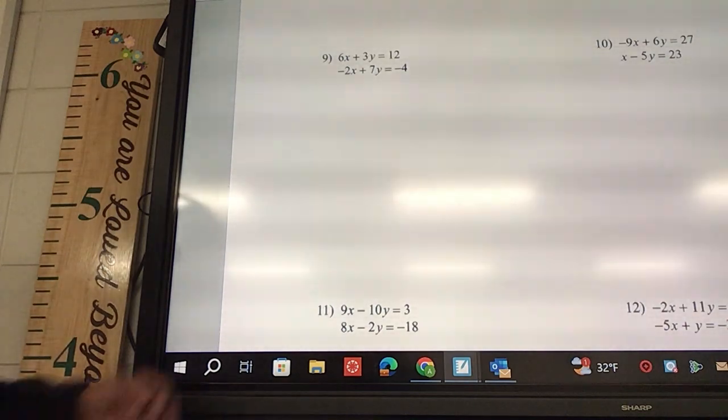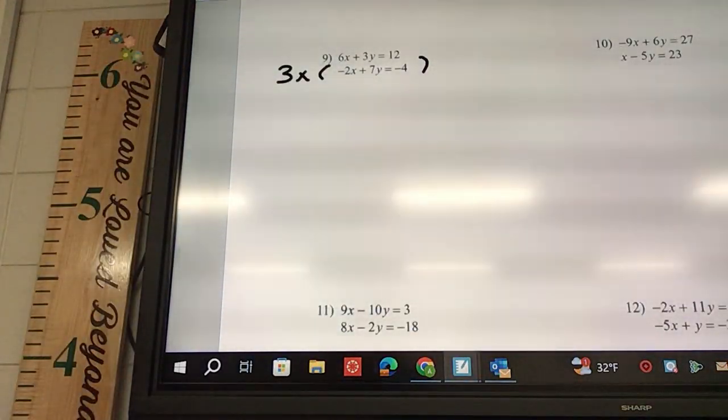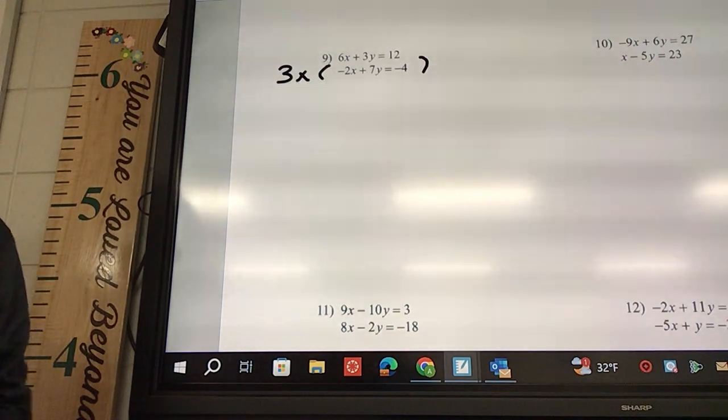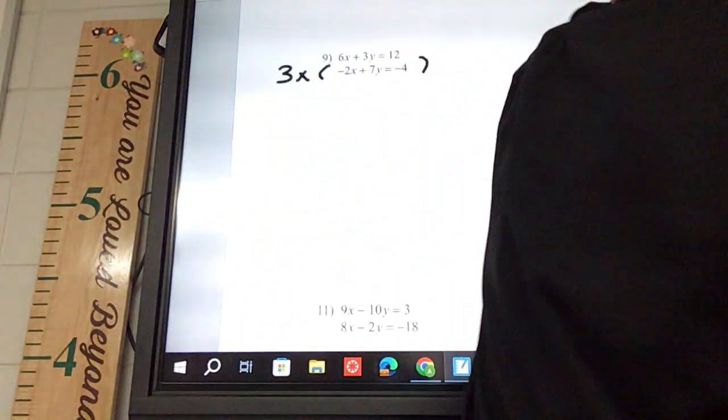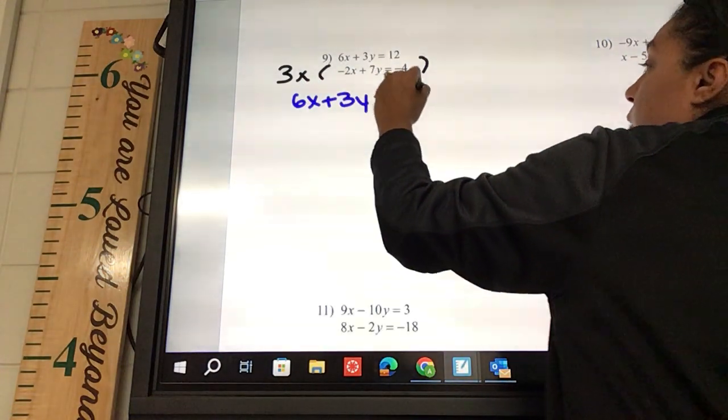Okay, so we said times 3. Are the signs in front of the x's the same or different? They're different, so we don't need a negative out there. Okay, equation 1, are we changing anything with it? No, so we're going to copy that one down. 6x plus 3y equals 12.